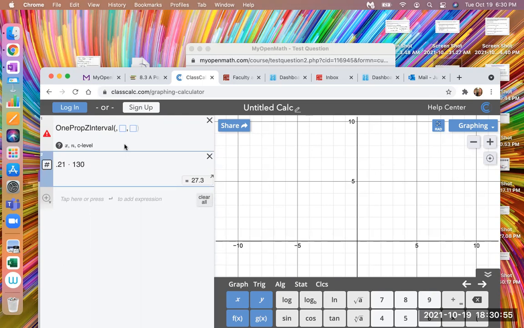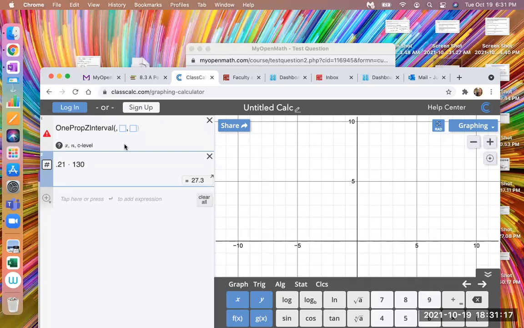Now, be careful here. The actual answer is 27.3, but we need to round this because your X value is the number of people in this sample with a certain characteristic. So we can't say there are 27.3 people who said they like dogs.